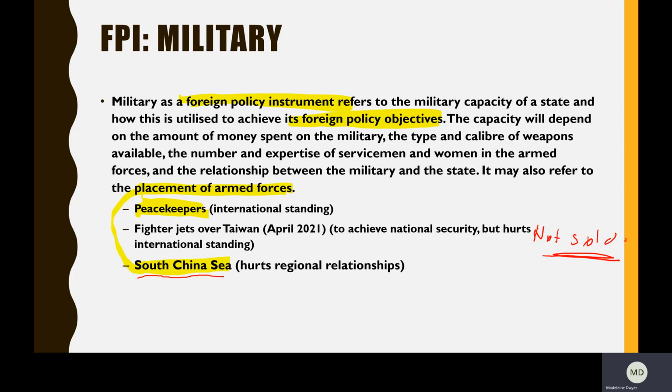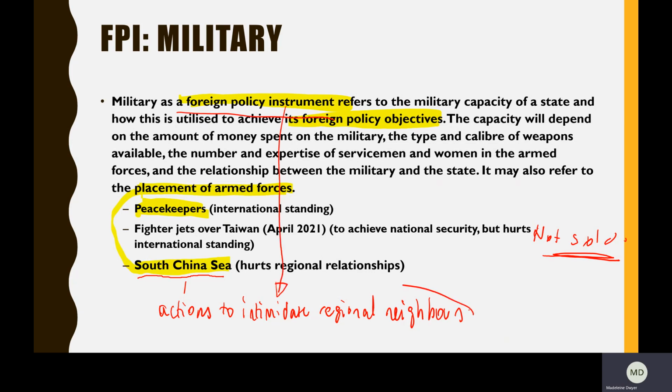Because, although China does perceive it as being part of its sovereignty, it's more the actions to intimidate others. Intimidating its regional neighbours is where you can actually link it to foreign policy. What China is doing here is actually affecting its regional neighbours.